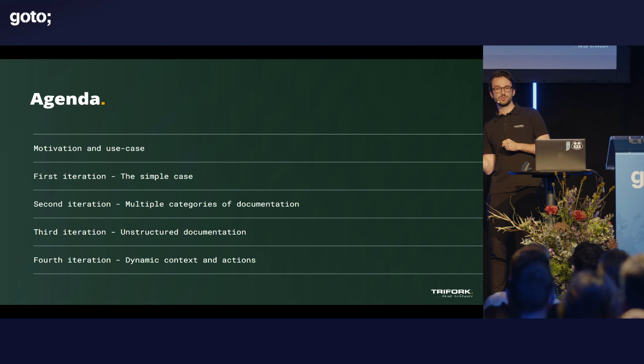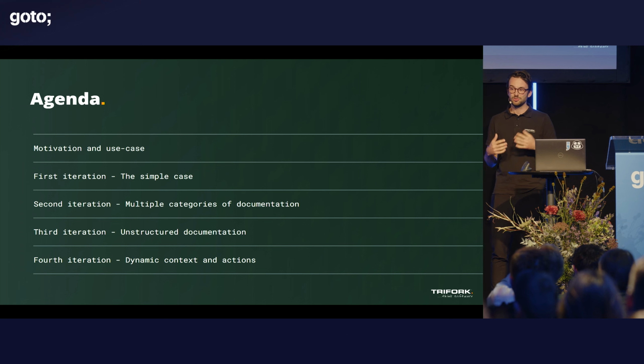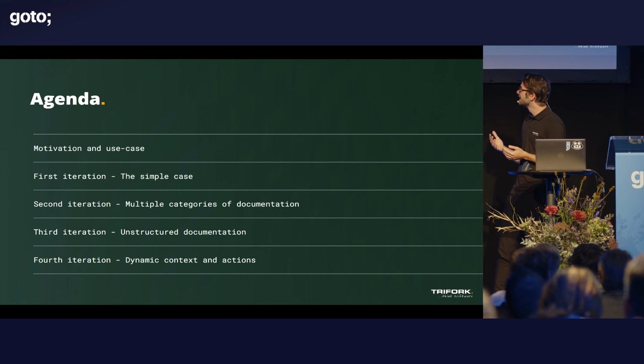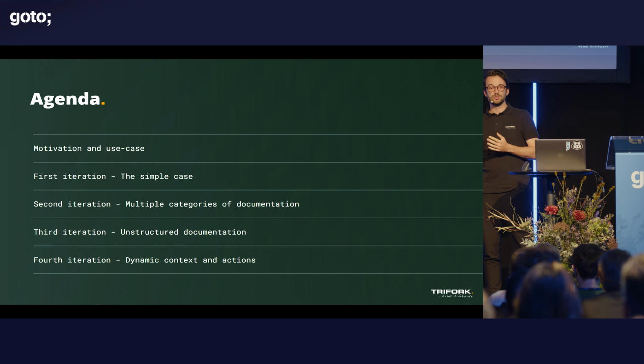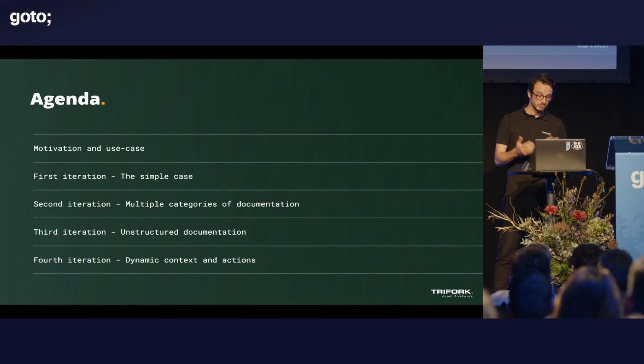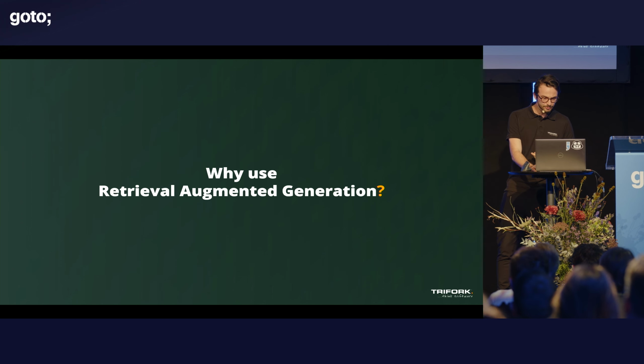And I'm going to try and introduce different issues or problems and then try to solve them using different techniques. And kind of the idea is to show you a specific use case and then kind of solve that use case using a technique. And then maybe you can apply that in your own applications if you are trying to make RAG. So yeah, let's start with the motivation.